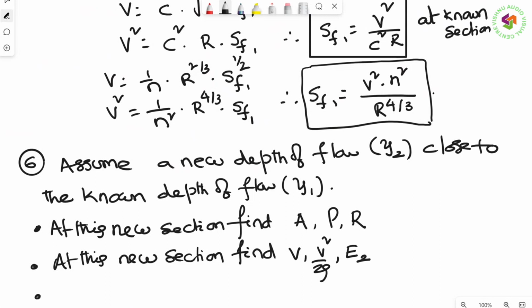Then after finding that, find Sf2 is equal to V square by C square R, or V square n square by R to the power of 4 by 3.